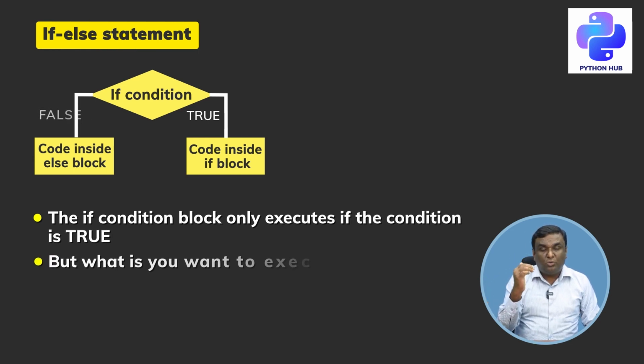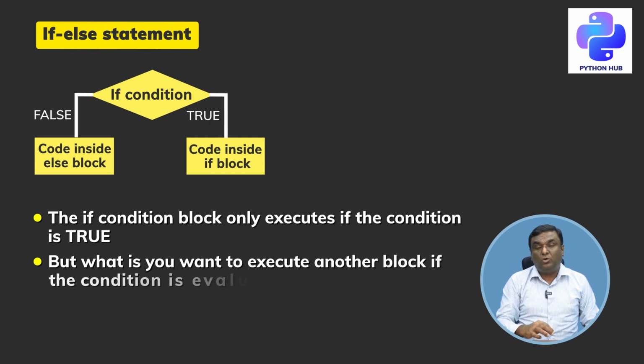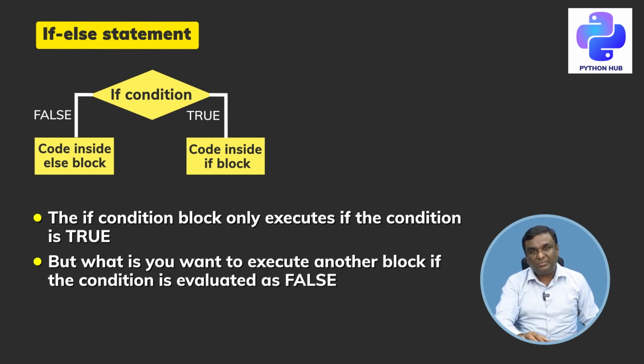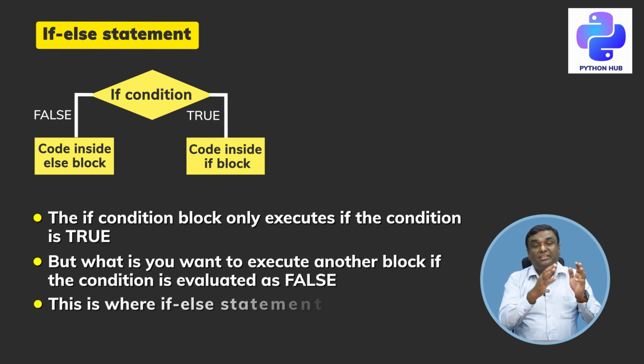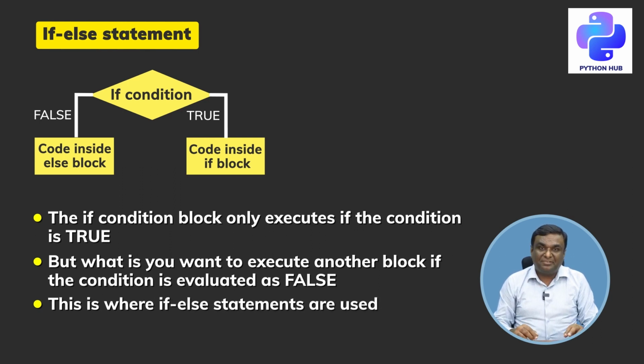If it is not true, you are giving an alternate piece of code to be executed. This is what is determining the flow based on the condition. If the condition is met, one block is executed. If the condition is not met, the other block is executed. So this is how the whole if-else block works.